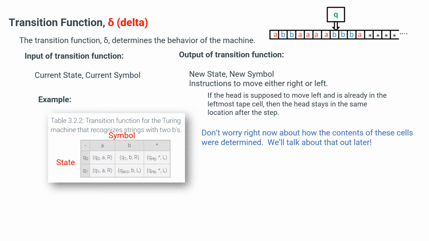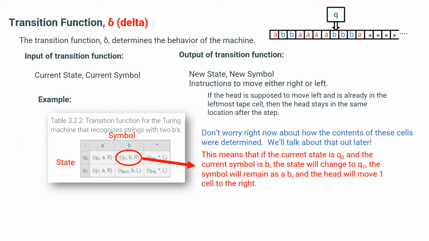If you look at this table here, we're just going to look at one of the cells. Again, don't worry about how we come up with this because we'll come up with it later. It's at the intersection of the state Q0 and the symbol B. We would get to that place by starting with the state of Q0 and the symbol B. What does it say in there? It says Q1BR.